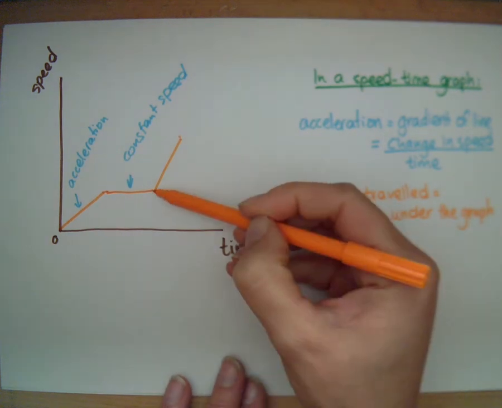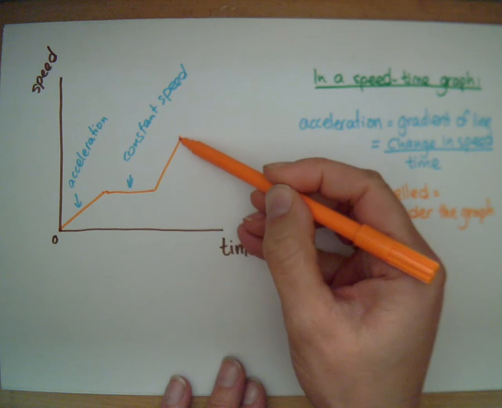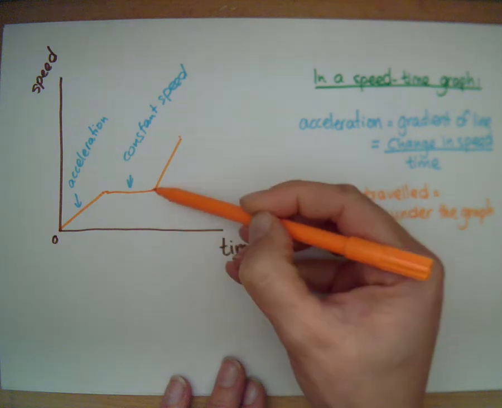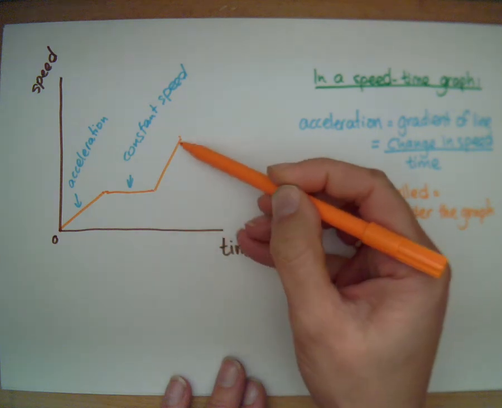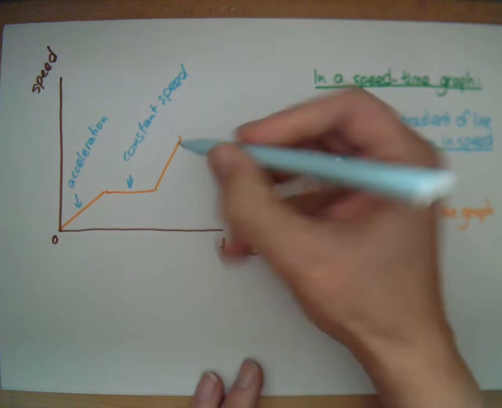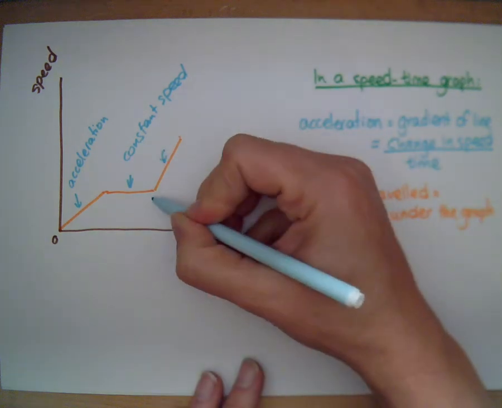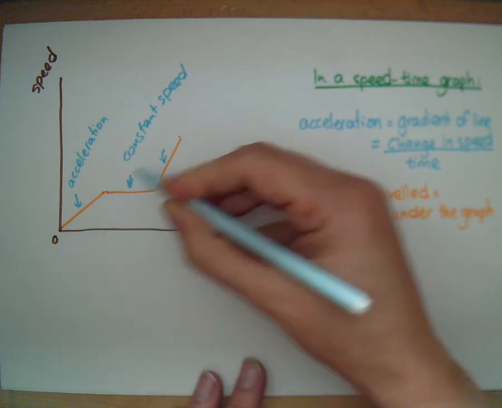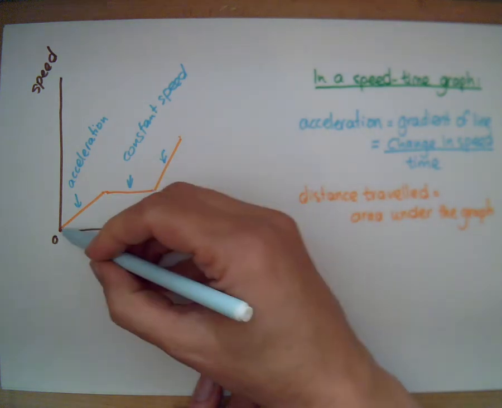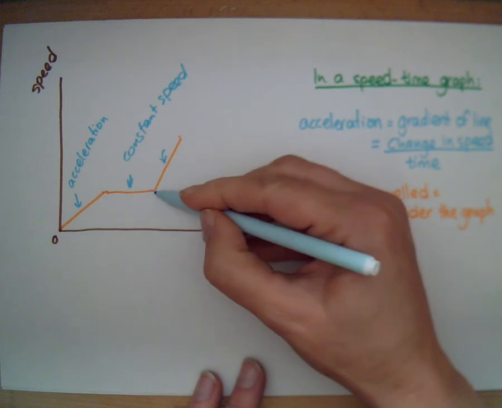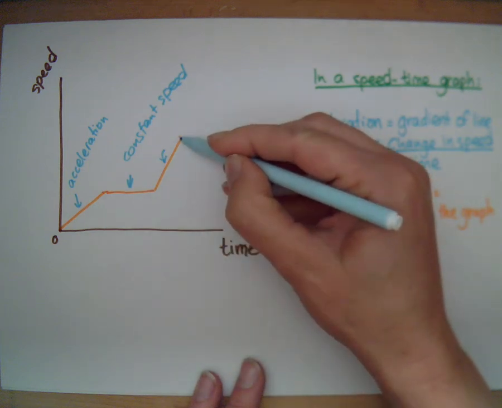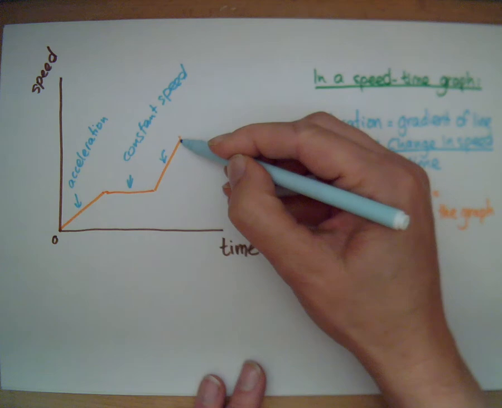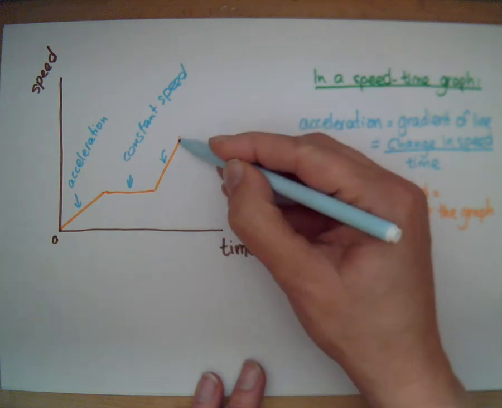Once again, I am increasing my speed over a certain time period, right? I'm increasing my speed, so it's acceleration again. But what can we say about this acceleration compared to this? Here our speed is increasing at a greater rate, right? We're increasing our speed faster.